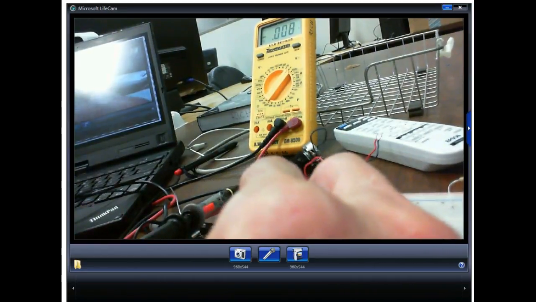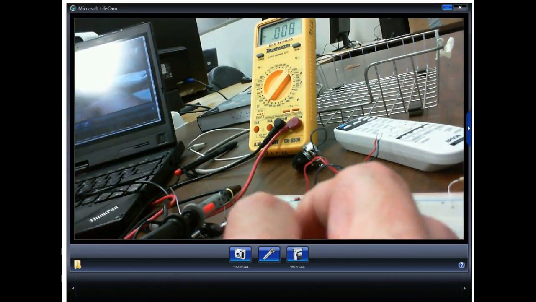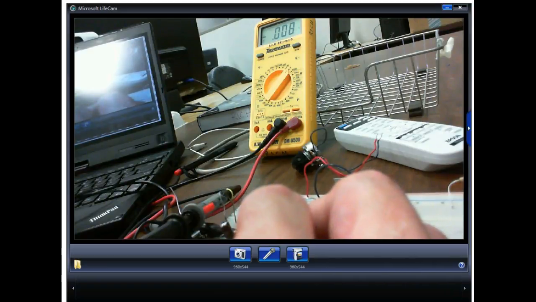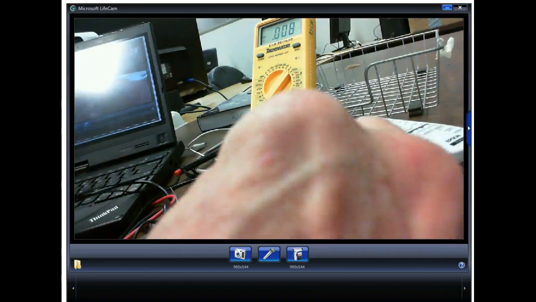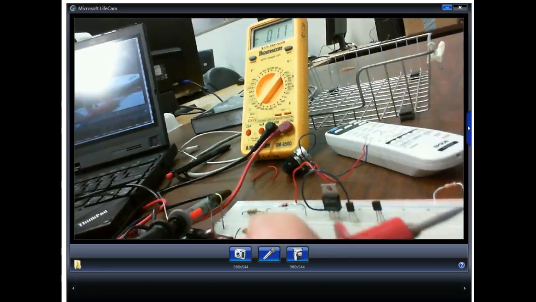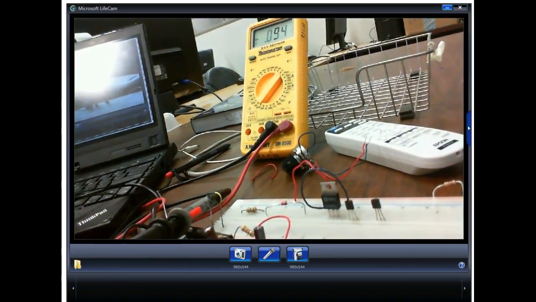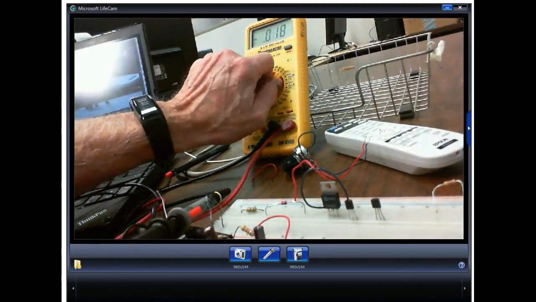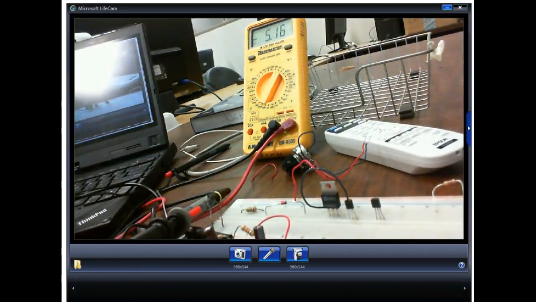Take the short back out. Here it is. So we're back to normal. What are we going to do now? RE is going to be a little hard to figure out.